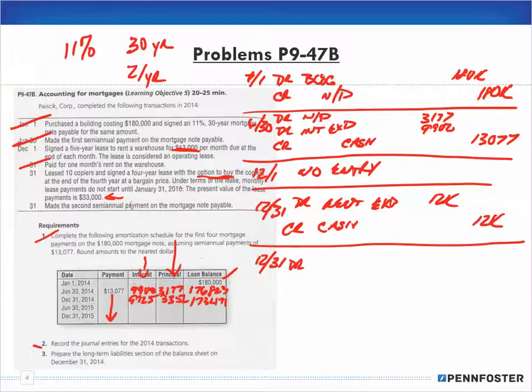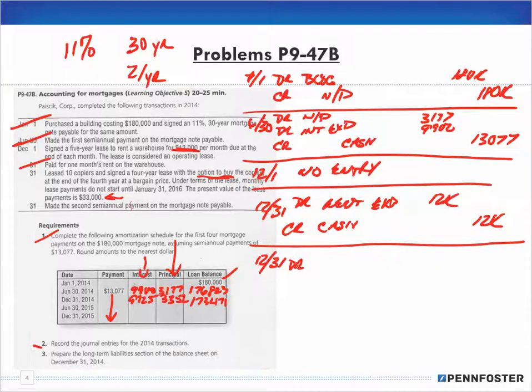So go back and watch the theory videos if you don't understand the difference between a capital lease and the operating lease. Capital lease is when you're leasing to buy, just like you would lease a car to buy the car. But then you can have an operating lease where you don't actually own it. You're only leasing it to use it. And that would be an operating lease. Here we have the option to buy, so this is a capital lease.